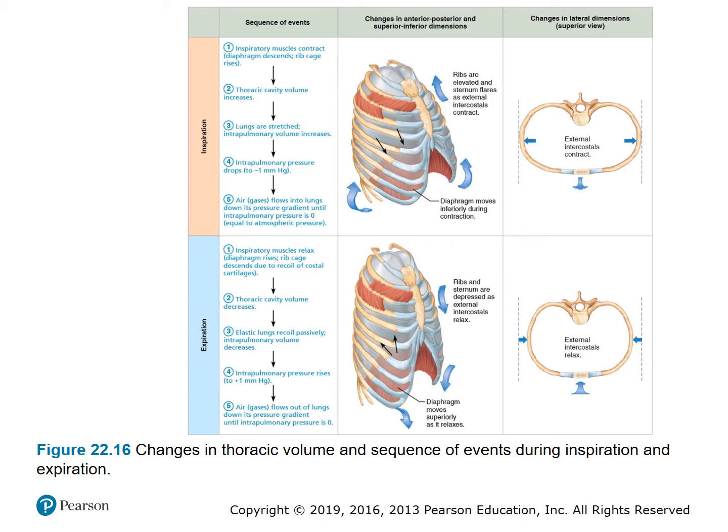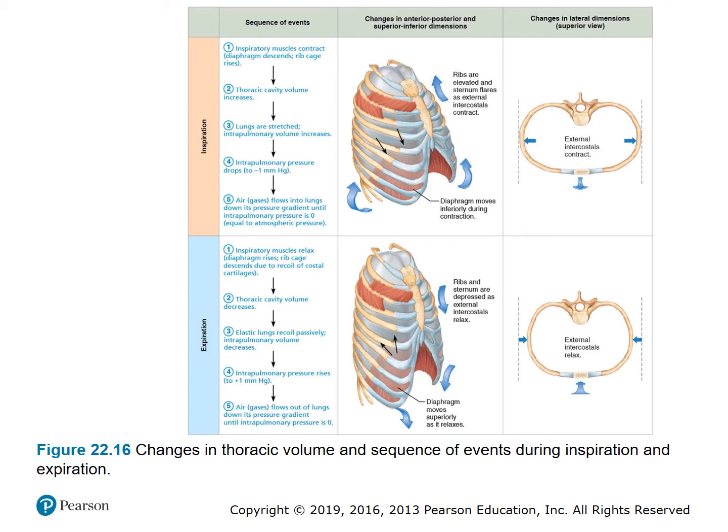Intrapulmonary pressure drops, and the air flows into the lungs down its pressure gradient until intrapulmonary pressure is 0, or equal to atmospheric pressure. And so the changes are the ribs are elevated and the sternum flares as the external intercostals contract, and the diaphragm moves inferiorly during contraction.